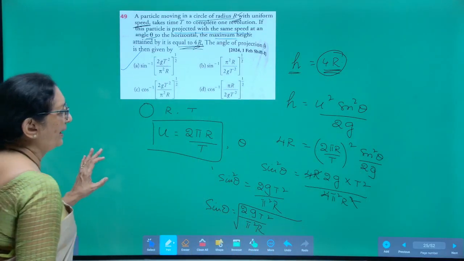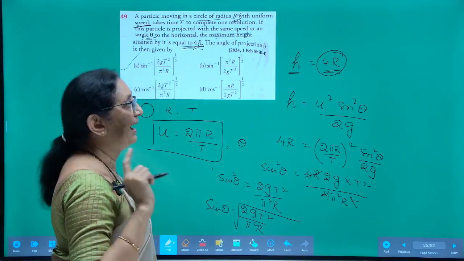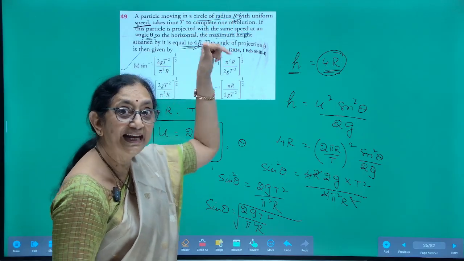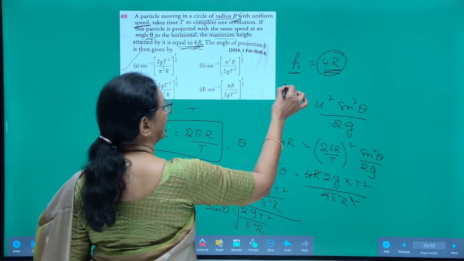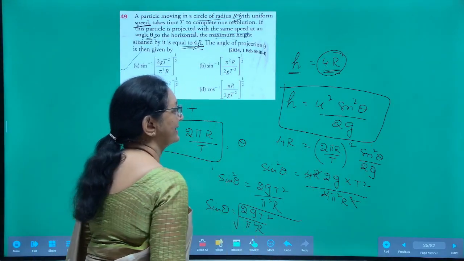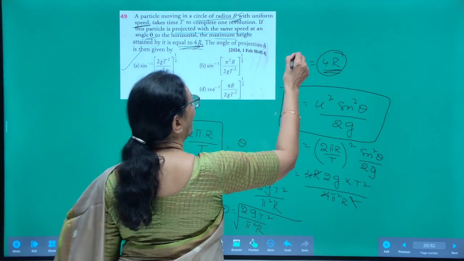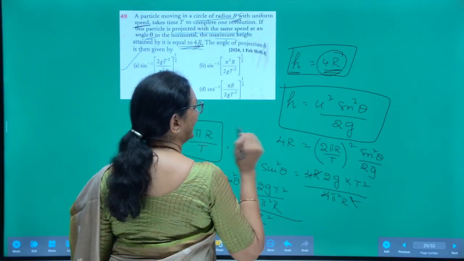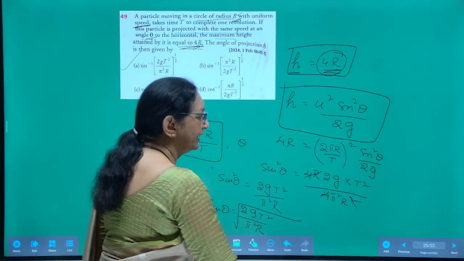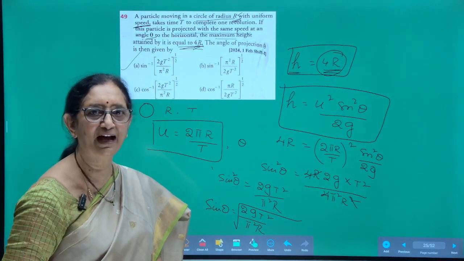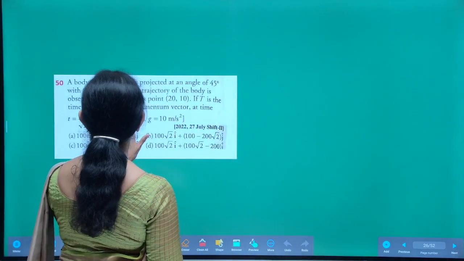So, maximum height reached by it is given as 4r, where r in the problem is the radius of the circular path. So, the maximum height formula for a projectile is u square sin square theta by 2g. We have substituted 4r in place of h here, 2 pi r by t in place of u here, and finally we could get the value of theta. That is the problem.